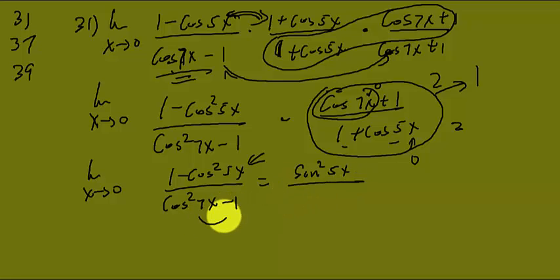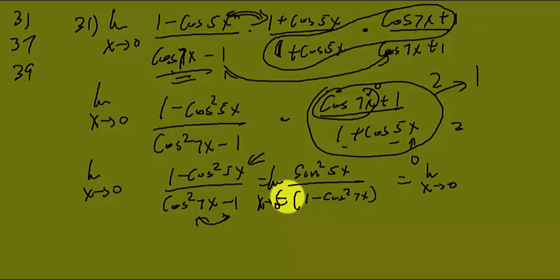The bottom, if this was reversed, would be a trig identity, as they're opposite of each other. So I can factor out a negative, writing that as negative times the quantity 1 minus cosine squared of 7x. Now I can make a substitution there.